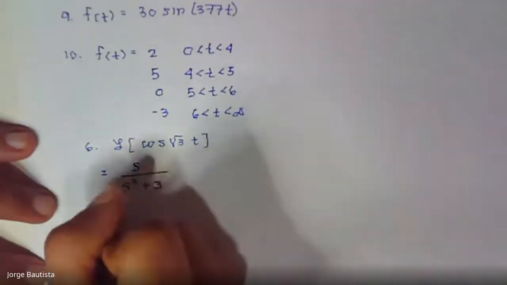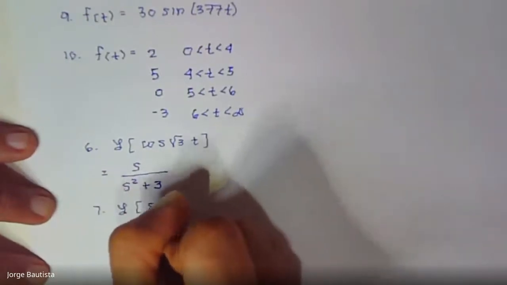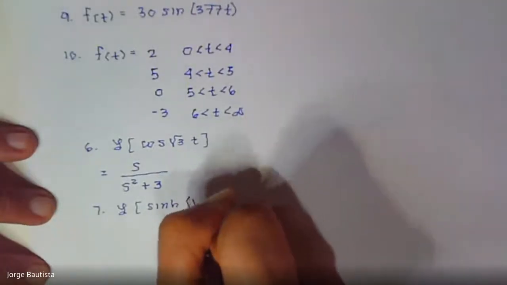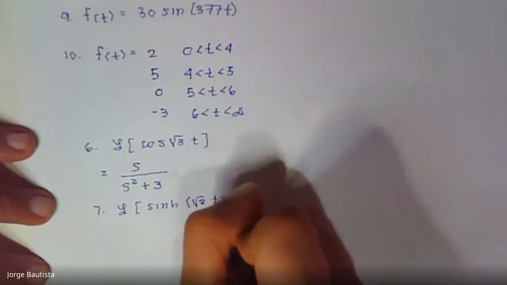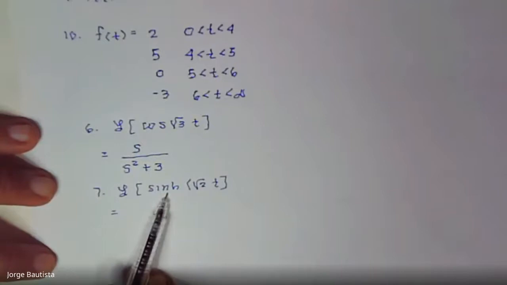Okay? Number 7. Laplace ng hyperbolic sine ng square root of 2t. Okay, so that is sine niyan. So ang Laplace niyan ay omega sa taas.